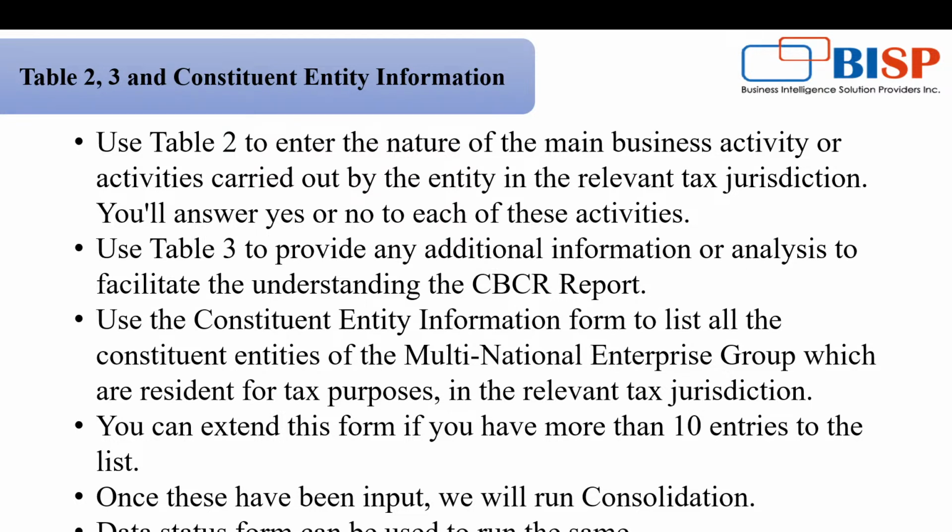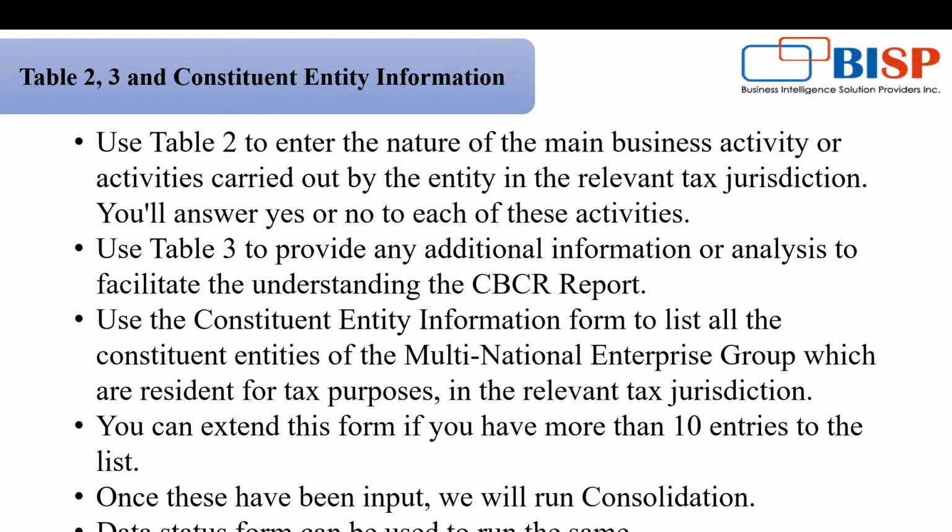We are going to see it on our application itself, but first let's learn what it means. Here you usually say yes or no in the checklist, right? We can say such as research and development or holdings, sales or marketing, etc. And then table 3 is the additional information, right? This is a free text section. It allows companies to provide an explanation or clarification for anomalies in the data.